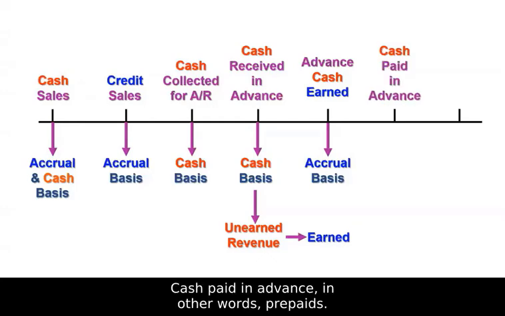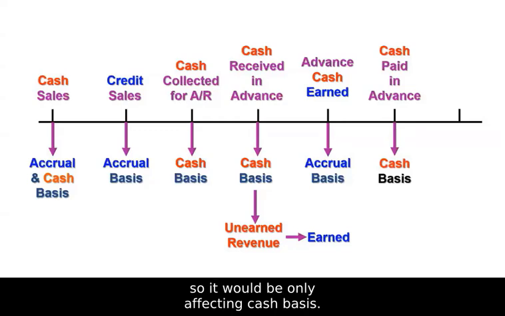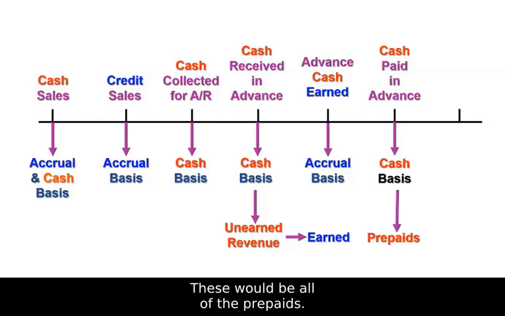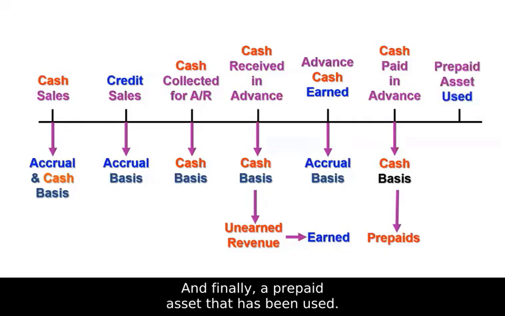Cash paid in advance, in other words, prepaids. In this example, we're paying cash, so it would be only affecting cash basis. And in this case, it would be a cash basis expense. These would be all of the prepaids. And finally, a prepaid asset that has been used.